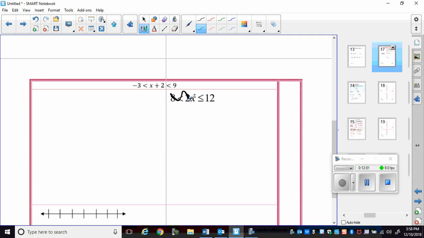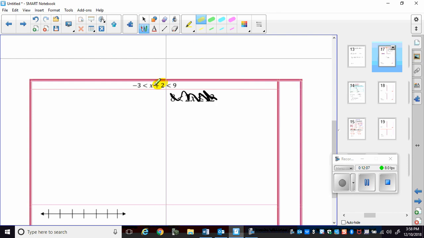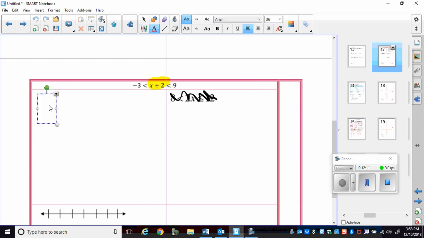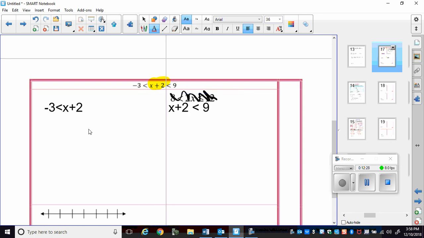For the next one, I'm not going to look at that part. All right, we're going to set ourselves up for success here and write out these statements. So type them out here. I have -3 less than x plus 2. And then I have x plus 2 less than 9. Right? Make it a little bit smaller there.